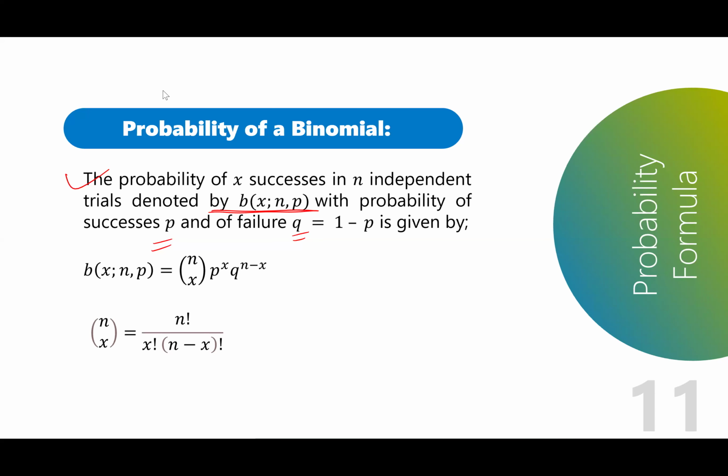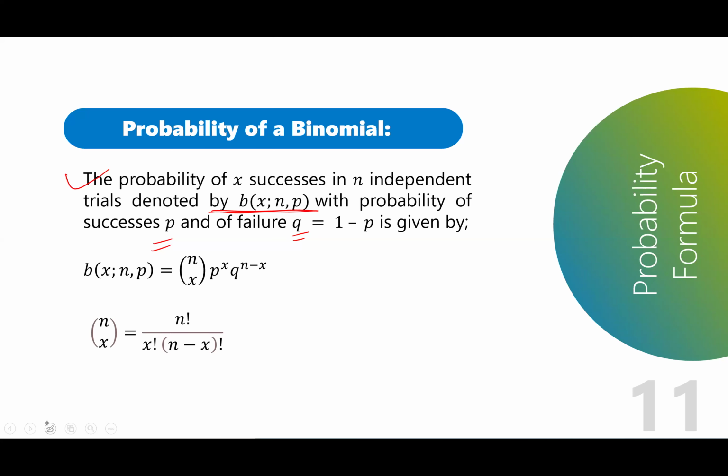We continue. As you can see on the screen, we have nCx, p^x, q^(n-x). nCx is n factorial over x factorial times n minus x factorial.